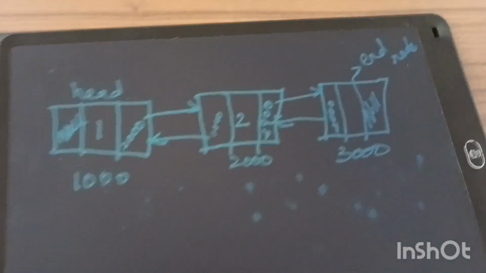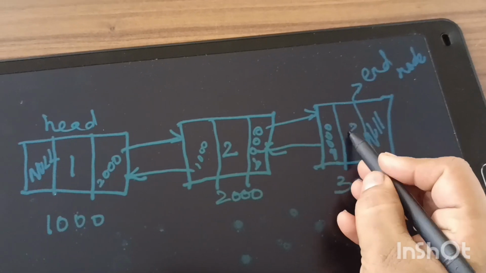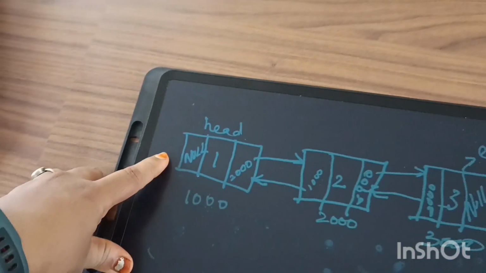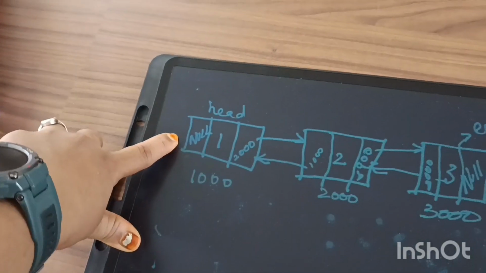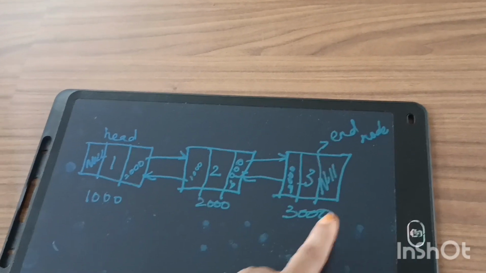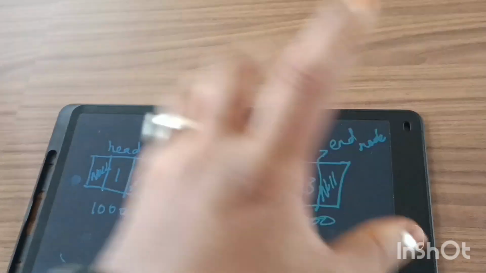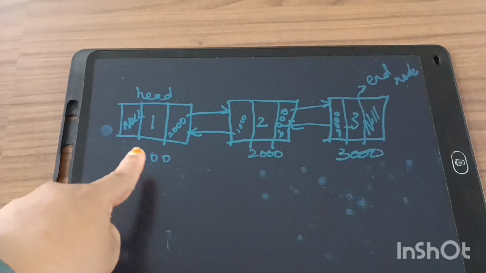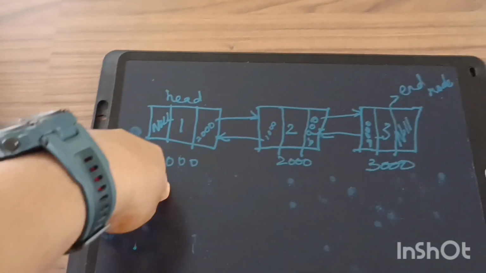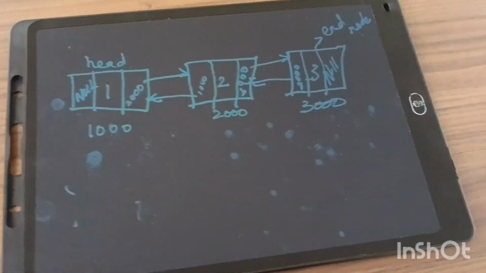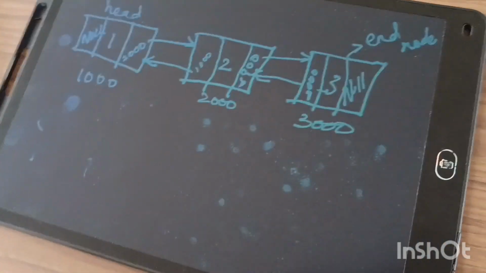So you can see that in a doubly linked list, the first node's previous link will be null, as well as the last node's next link will be null. This will indicate where the doubly linked list will start and where it will end. So this is the basic example of how a doubly linked list looks.